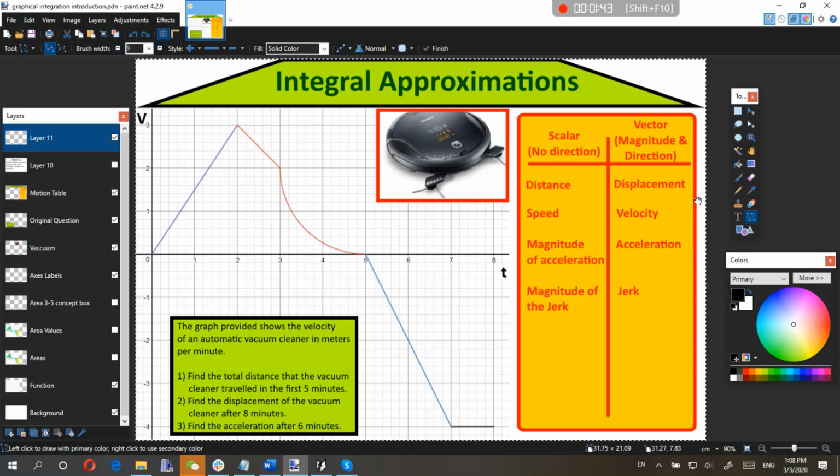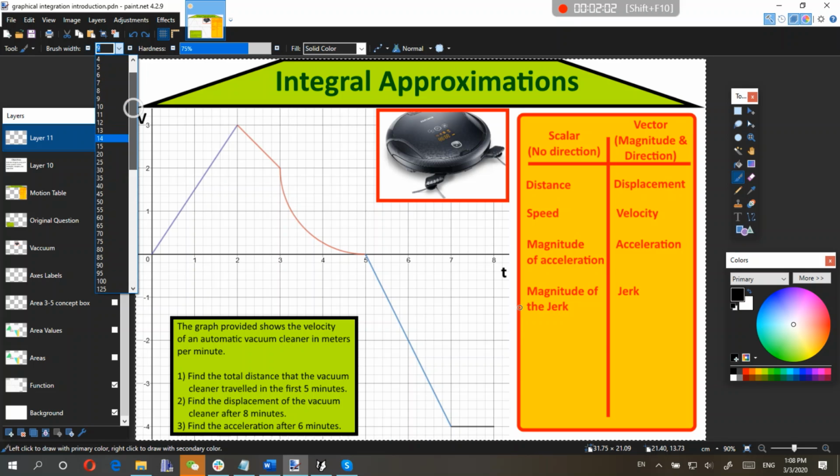Those are all vector quantities, which means they have magnitude and direction. If I wanted to go to a scalar quantity, then I could integrate an absolute value instead. So I could say something like this.